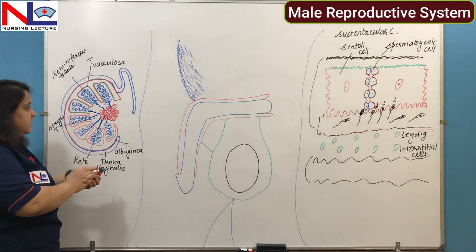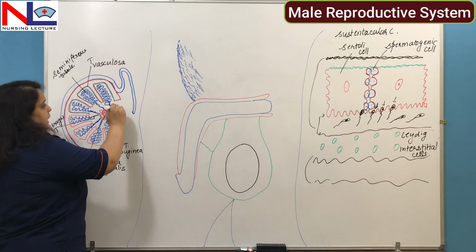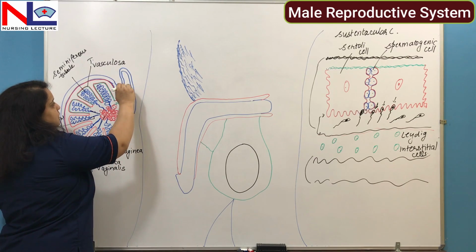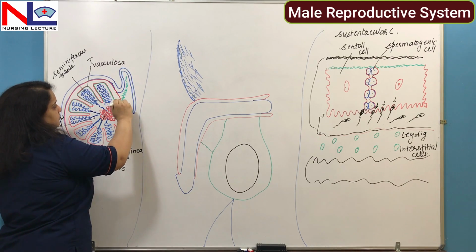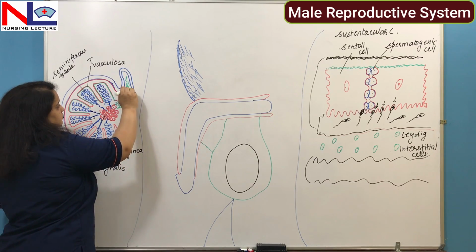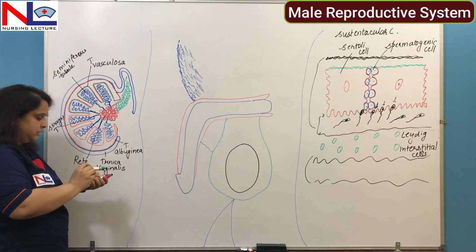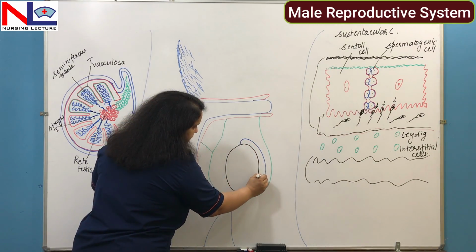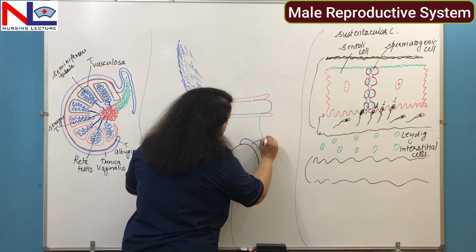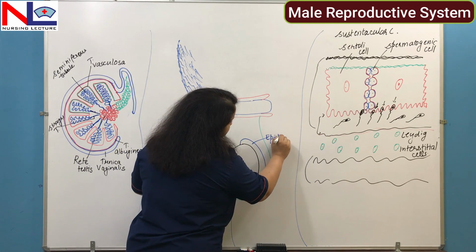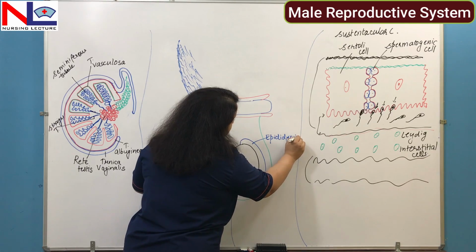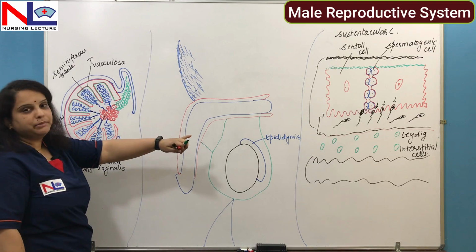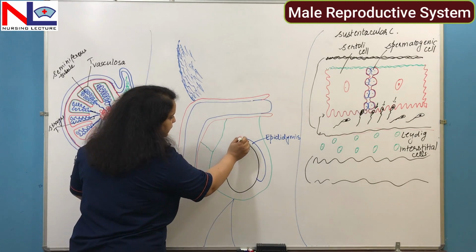Now from the rete testis, what happens? There are a few highly coiled tubules which move up here, in the part posterior to the testis called the epididymis. So some tubules from the rete testis move up into the epididymis, and the epididymis again has 3 parts.